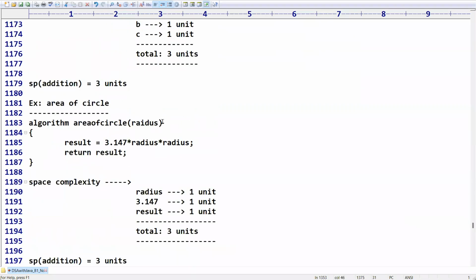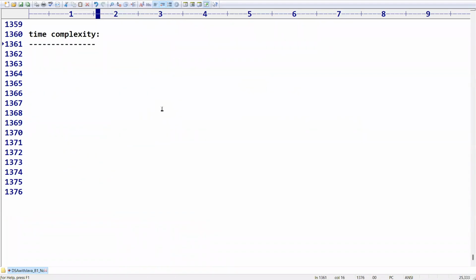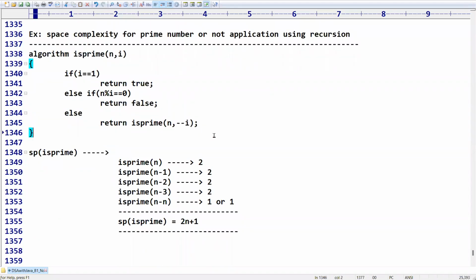One question, sir. The one we did just now, for prime, in that example, we are not counting the passed arguments as one unit, like n and i in the is prime function. Whenever you are passing parameters, I'm not considering them, sir. I'm concentrating only on this point of view.